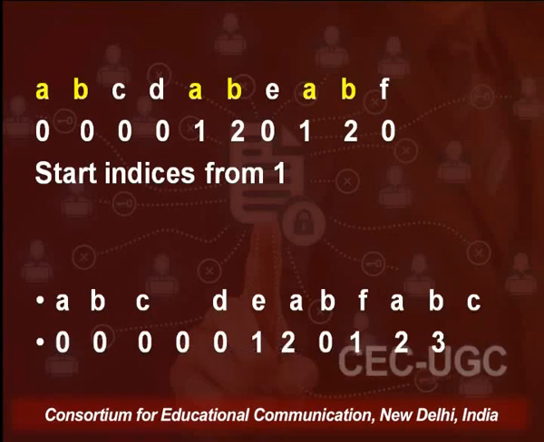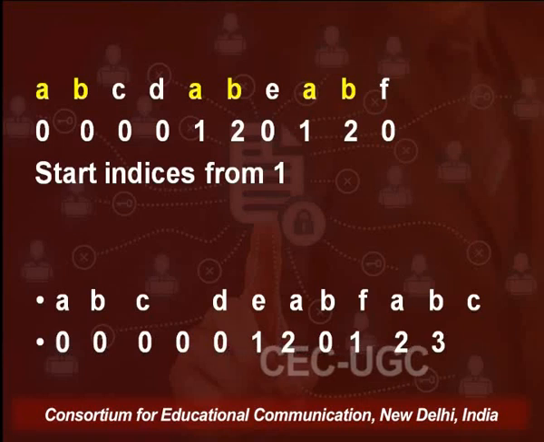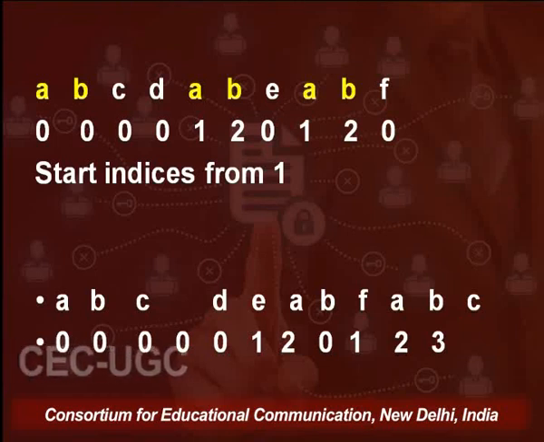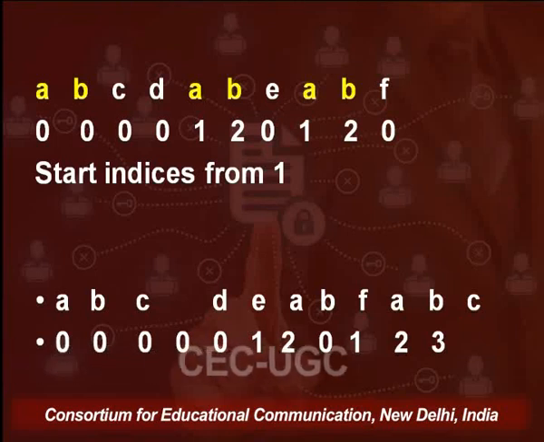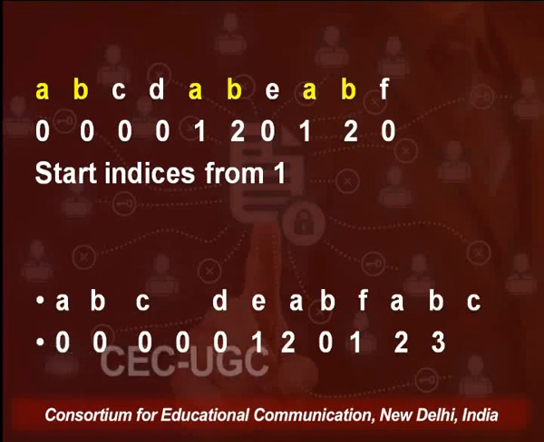Here A no match as of now, B no match as of now, C no match as of now, and D also no match as of now. So, we have written 0 0 0 0 here, but the next A which is after D is matching with the A which is at index number 1. So, that is what I was saying, we need to start indices from 1.